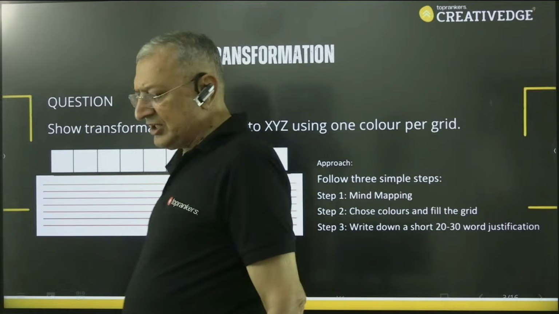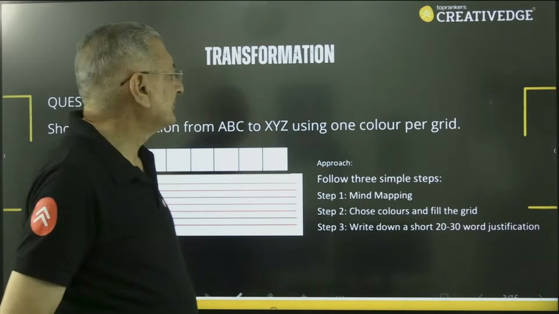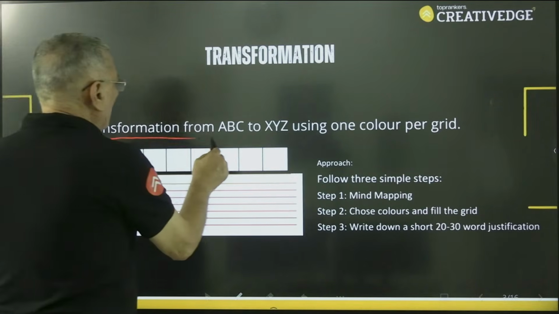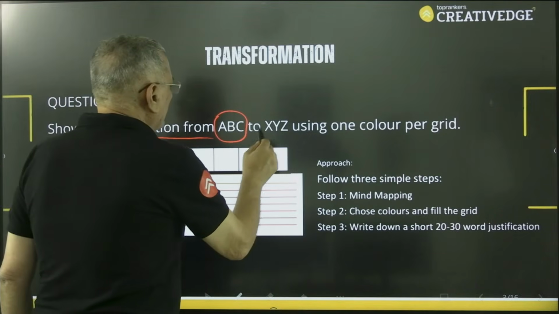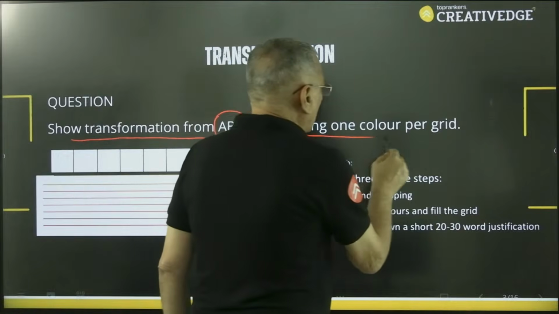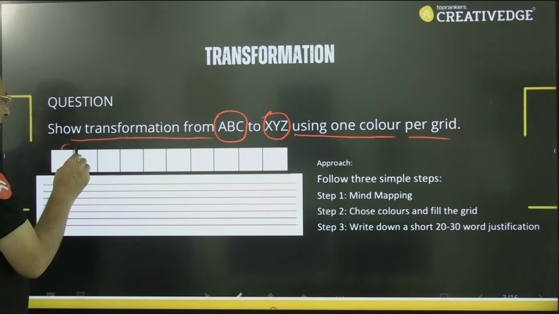How does the question come? It says: show transformation from anything ABC to XYZ using one color per grid. Such grids are provided.